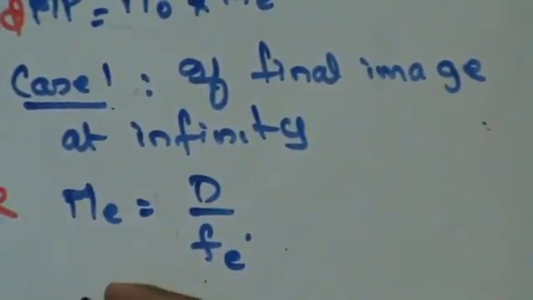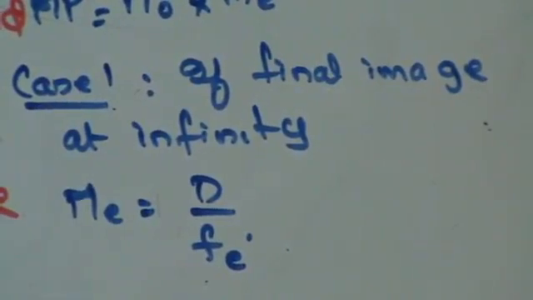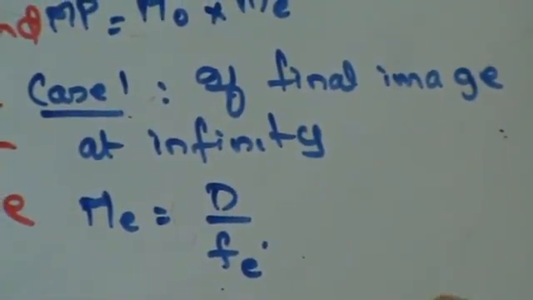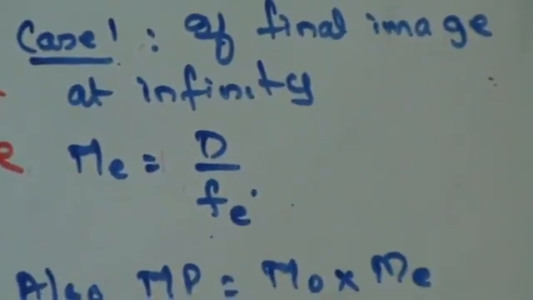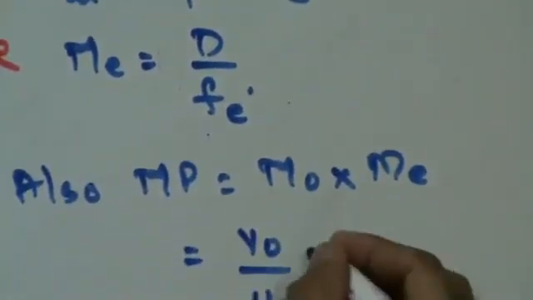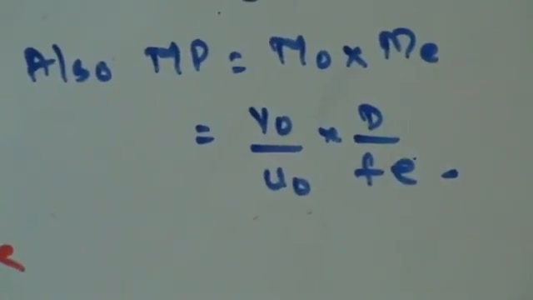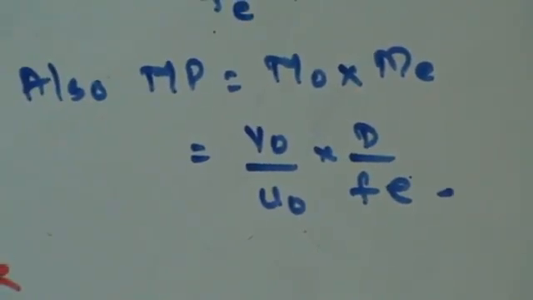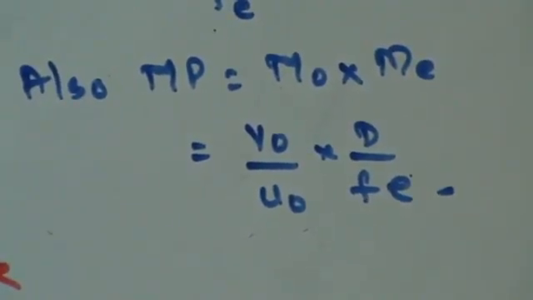We know that magnifying power is magnification of the objective into magnification of the eyepiece, which will be V0 upon U0 into D upon FE. That will be the formula for magnifying power for a compound microscope if the final image is formed at infinity.